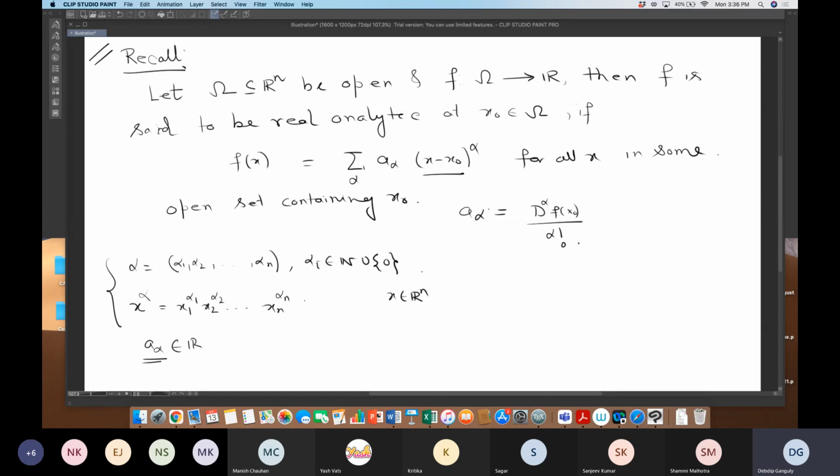The coefficient a_alpha, for each multi-index alpha, belongs to R. So we say f is real analytic at the point x naught if there exists an open neighborhood around x naught, within omega, so that you can express f(x) in terms of this multinomial power series. Then we call f real analytic at x naught.